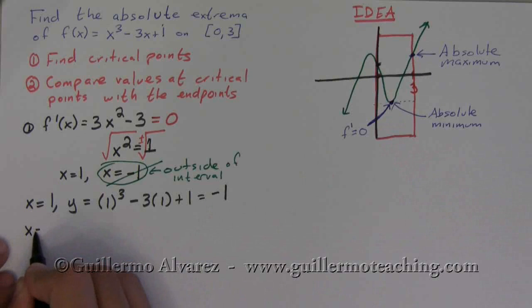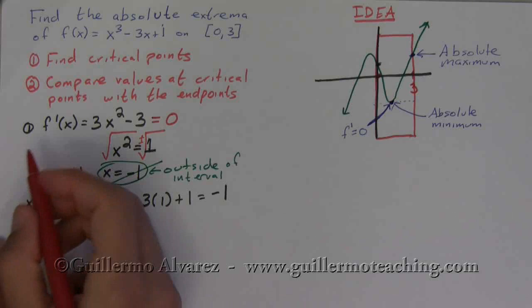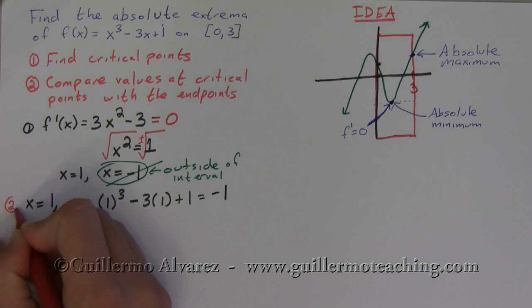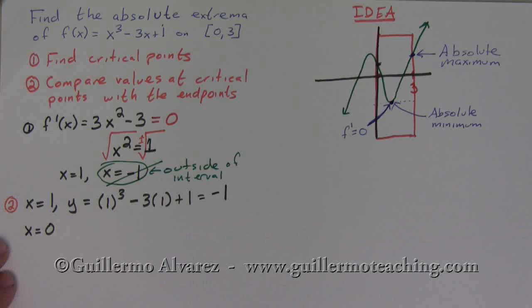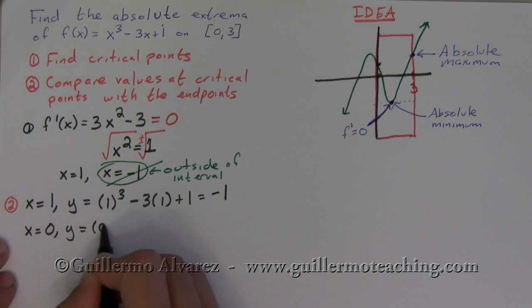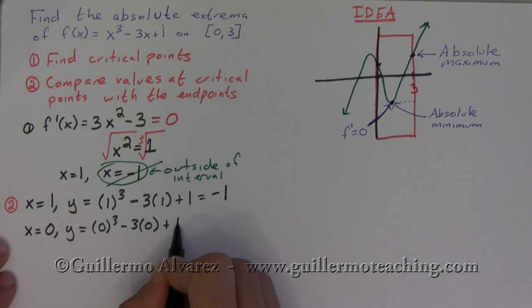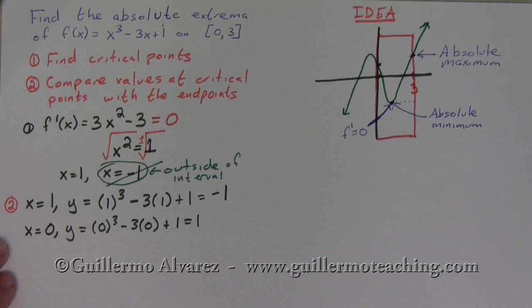So we have to figure out the values of the function at the endpoints. So this is now the second step. When x is equal to 0, y is equal to 0 cubed minus 3 times 0 plus 1, which is equal to 1.